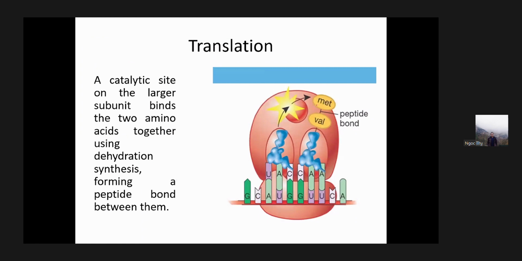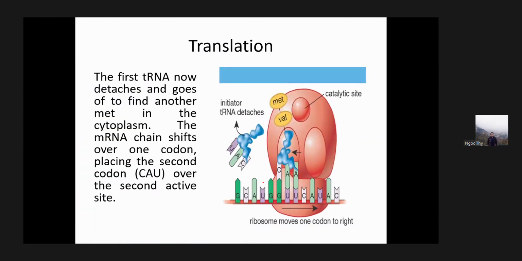The methionine forms a peptide bond here, and the tRNA that carried methionine is flushed out of the first position, and the tRNA here is transferred from the second position to the first position. Then another tRNA comes and fills the second position, and so on.